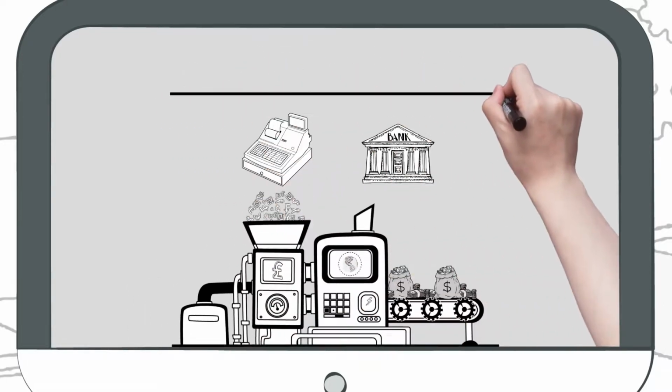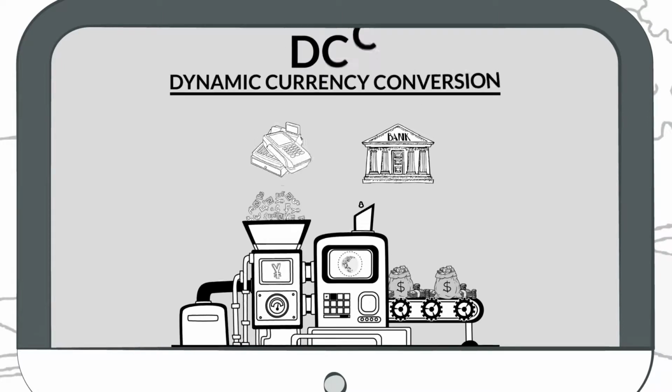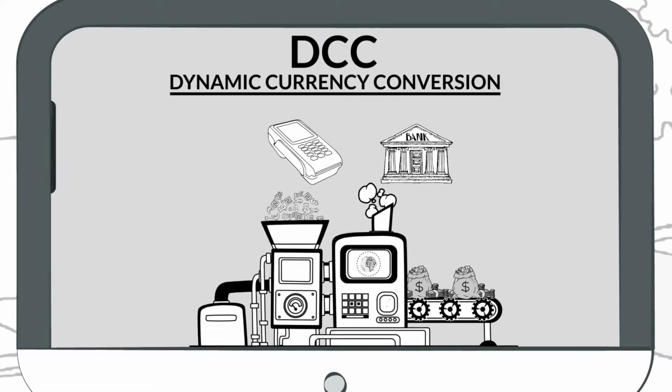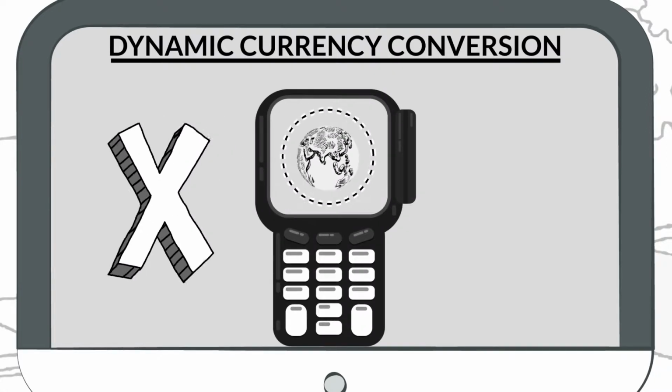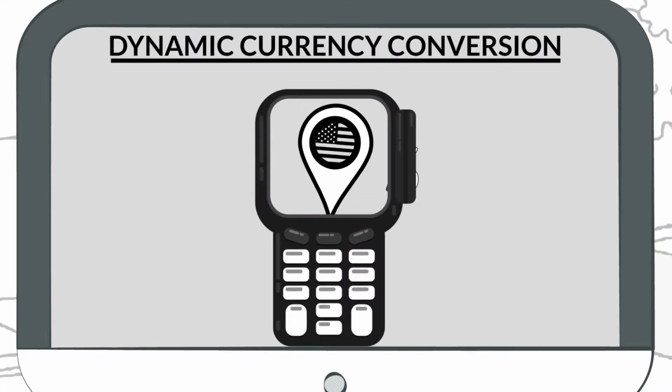This happens as a result of introducing dynamic currency conversion, a process whereby the amount of a credit card transaction is converted to the currency of the payment card's country of issue.